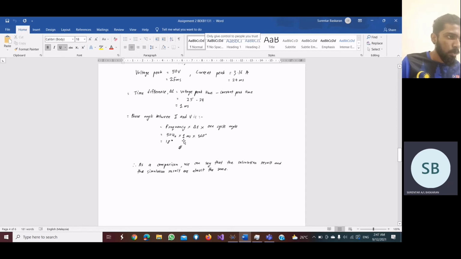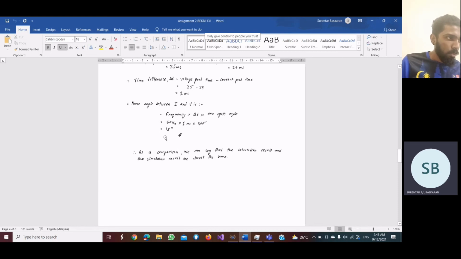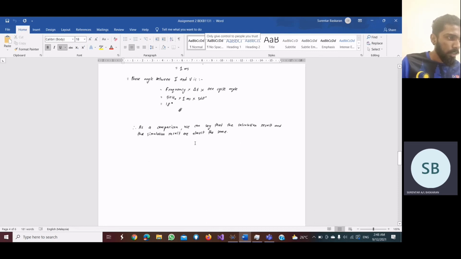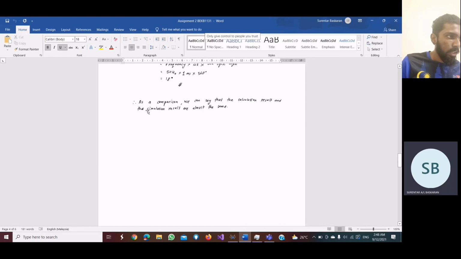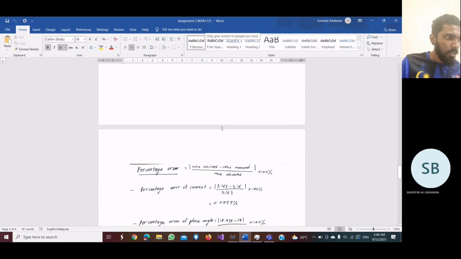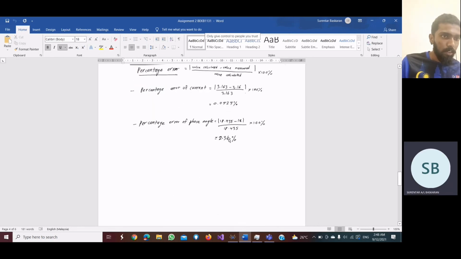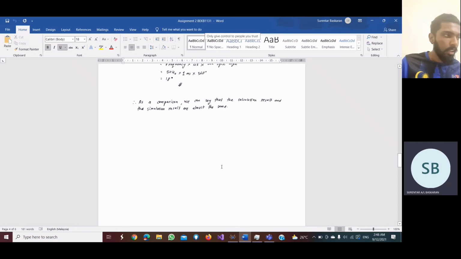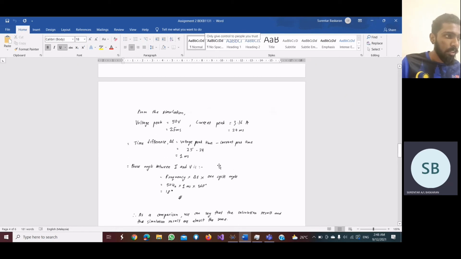So 50 Hertz times 1 millisecond times 360 degrees, which we will get 18 degrees. And we can conclude that as a comparison, the calculation result and the simulation result are almost the same. And we also answered the questions which have been asked in our assignment.